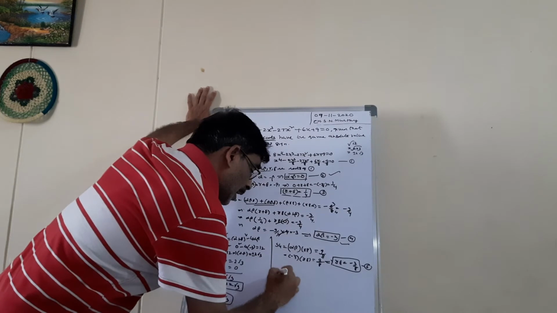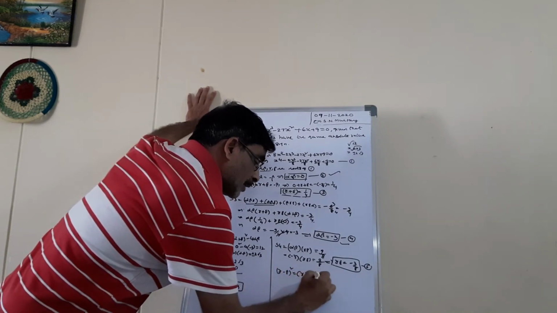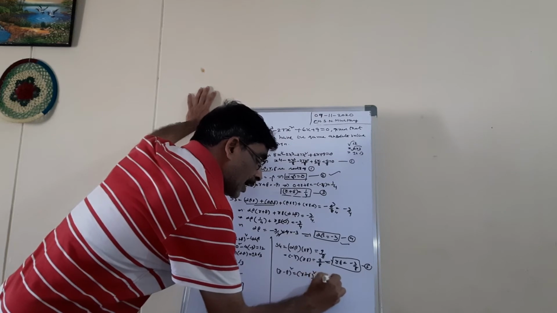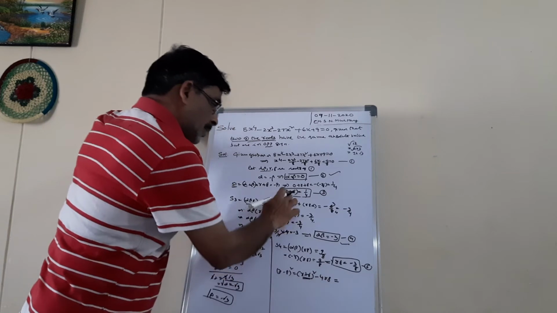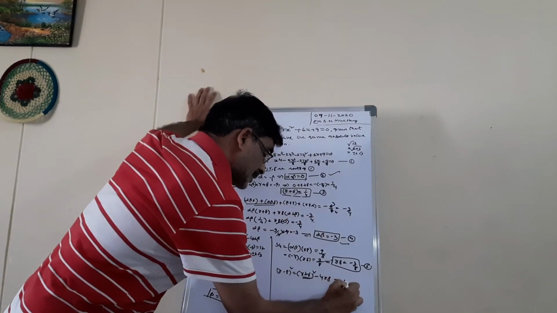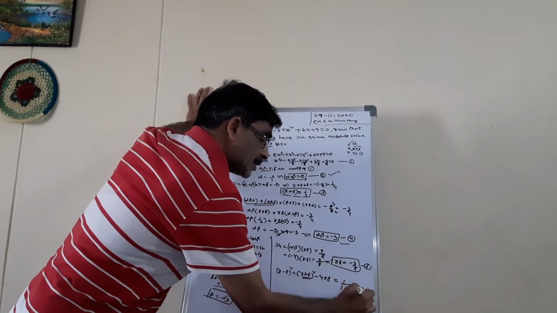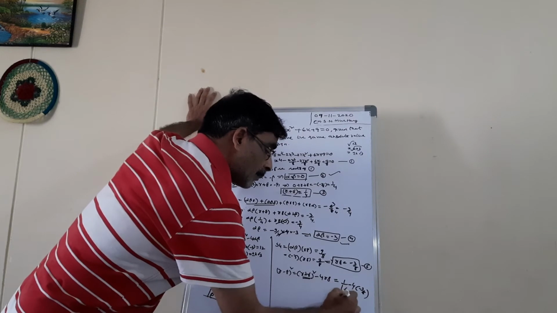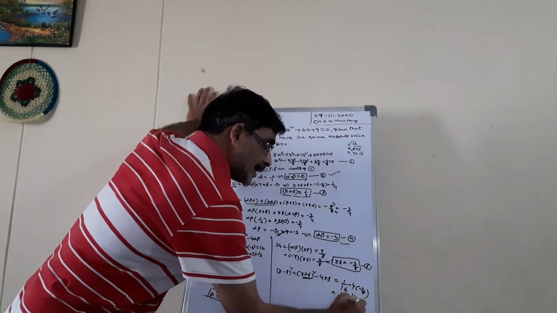How to find those roots? You can write gamma minus delta whole square equal to gamma plus delta whole square minus 4 gamma delta, which is equal to, gamma plus delta, we have 1 by 4, it means 1 by 16 minus 4 into gamma delta, we have minus 3 by 8, or 1 by 16 plus 12 by 8.